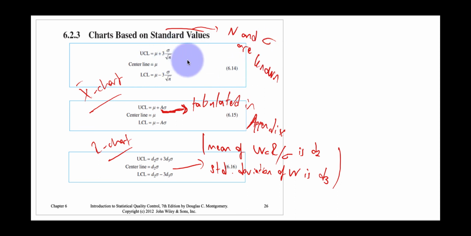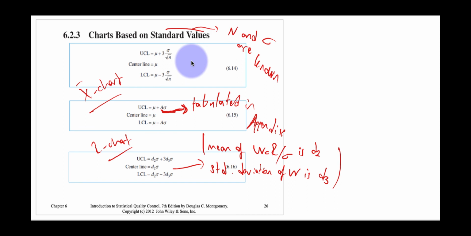But in real life, most of the time we do not know the standard deviation, so we need to estimate it. To estimate it, we use the relative range formulation, and we estimate it with the average range over D2, and then we plug this term into that formulation.